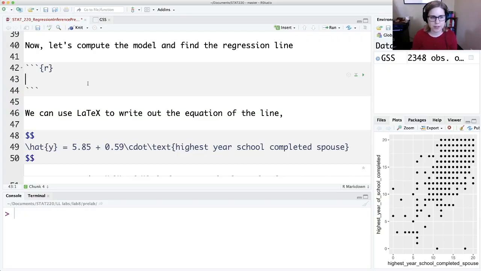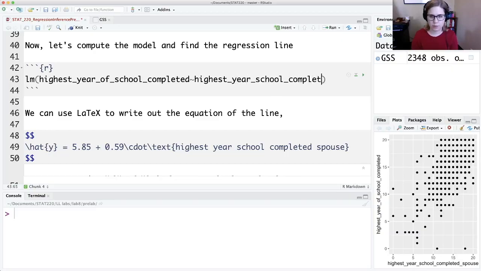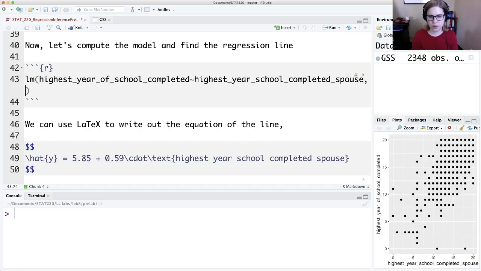So the next thing that we need to do if we're going to do inference for regression is we need to compute a model. So let's start using the lm command. And the first thing that we put in is our response variable, which is highest year of school completed. And then we're going to use a tilde. And then we put our explanatory variable, which is highest year school completed spouse, comma, data equals, and then the name of our data set, which is GSS.